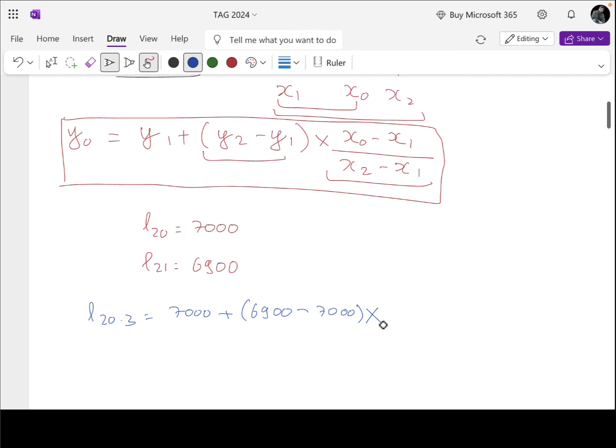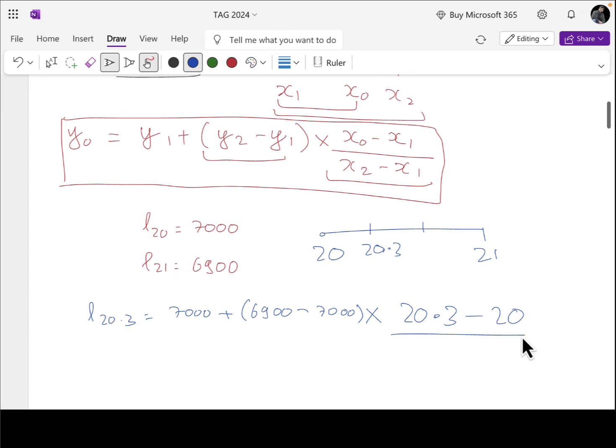Well, I want to cover only this much of it, right? Where do I want to go? What is my x0? Well, my x0 is 20.3, right? From a scale of 20 to 21, it is 20.3. It would be somewhere here actually, right? So I want to go to 20.3. So this is 20.3 minus x1. What is x1?